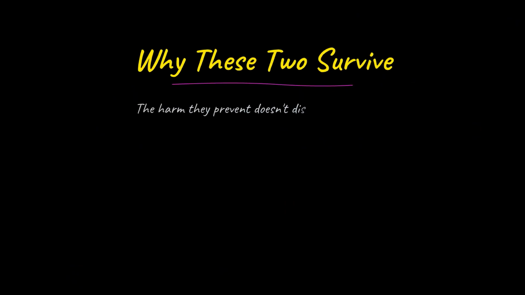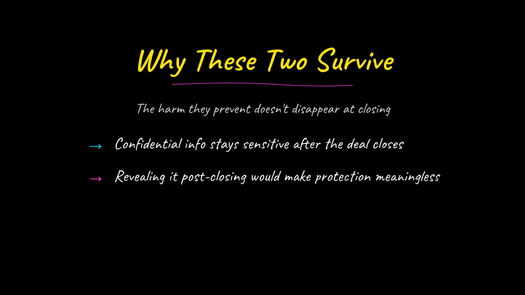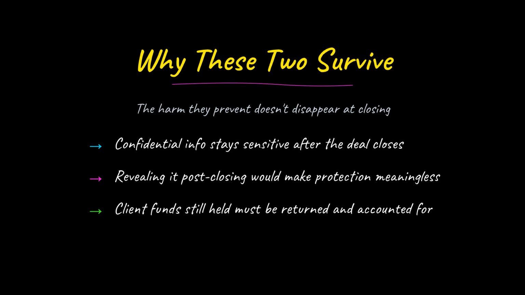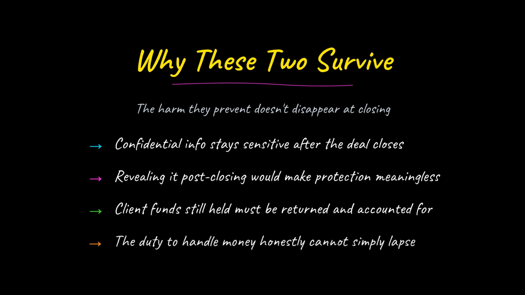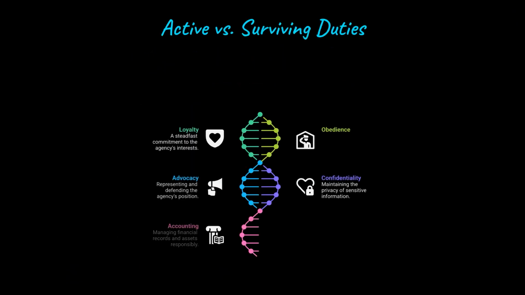The reason these two duties carry forward is that the harm they prevent does not disappear when the relationship closes. A client's secrets and a client's money retain their sensitivity and value regardless of whether the agency is still active. Think of it as a clean split: duties of active championing, loyalty, obedience, and advocacy, depend on a living relationship.